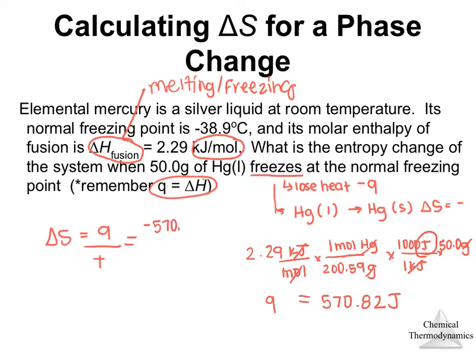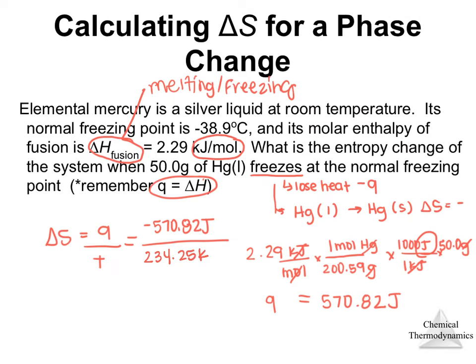So negative 570.82 joules. And then I'm going to divide it by my temperature. And so this is at the freezing point, or while it's freezing. And so it's going to be negative 38.9 plus 273.15, and that's going to be 234.25 Kelvin.